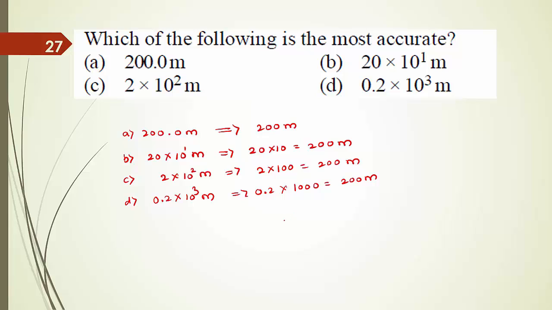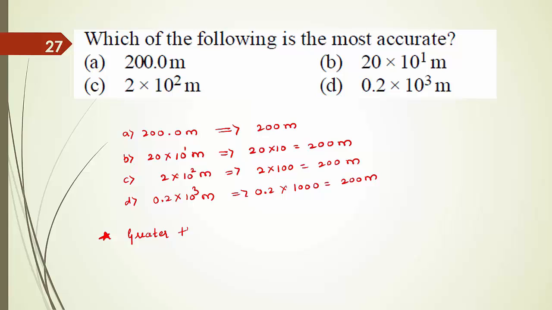But the question is, which of the following is the most accurate answer? Remember, the answer is more accurate only when a greater number of significant figures are present. This is very important.